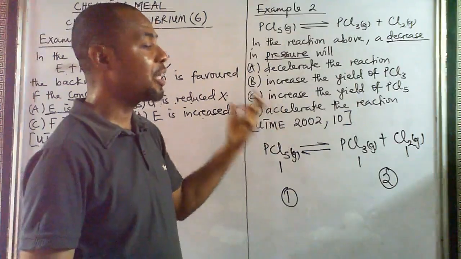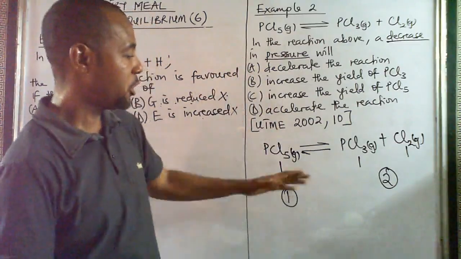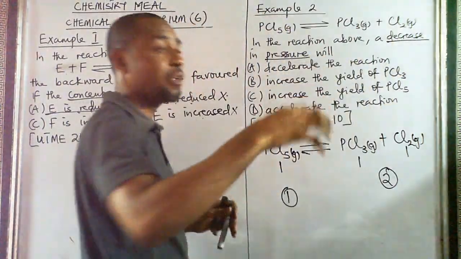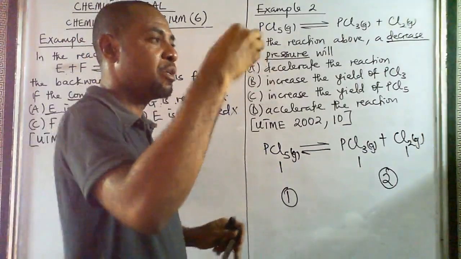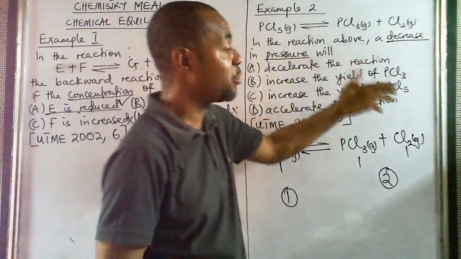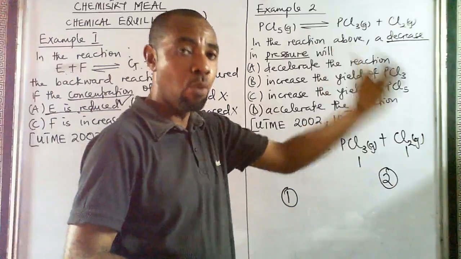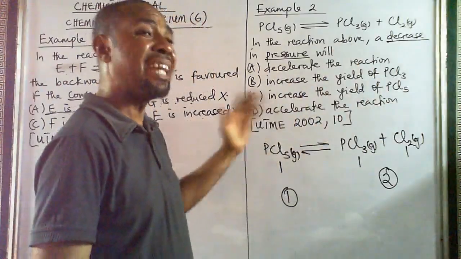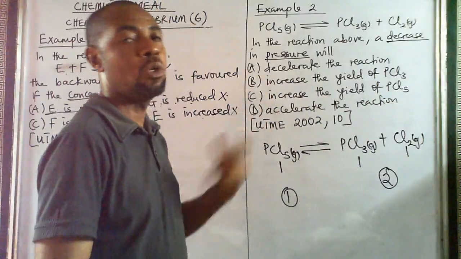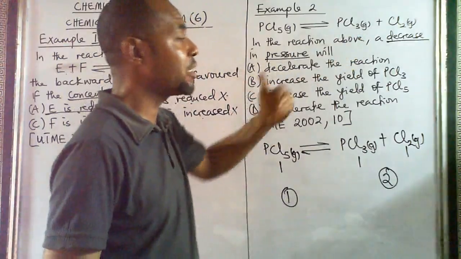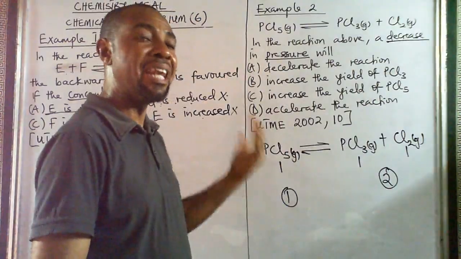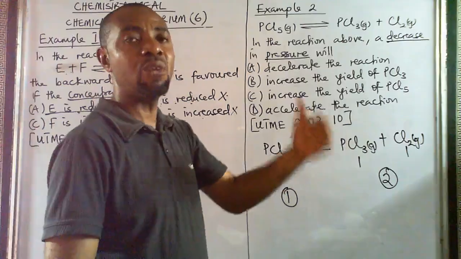Increase will favor the side with fewer moles, and decrease will favor the side with higher moles.